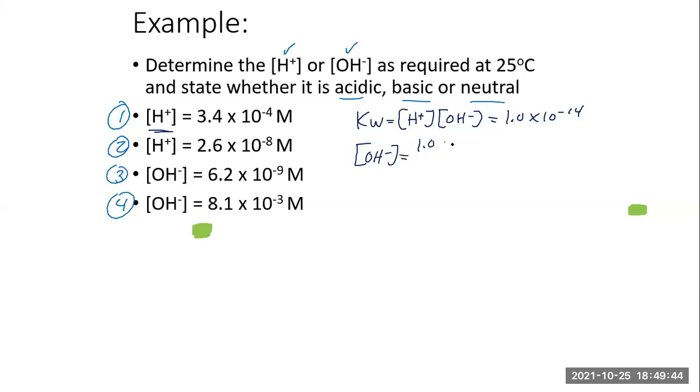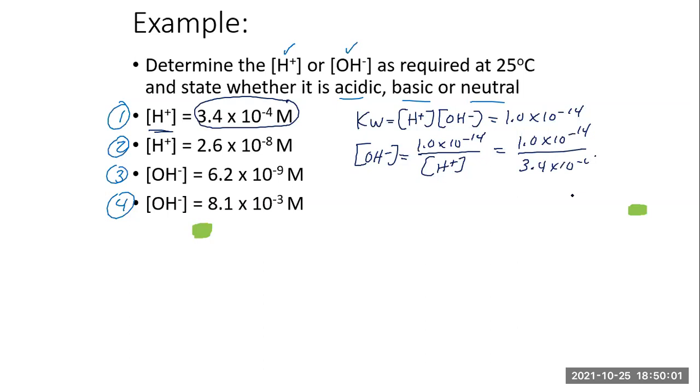You're going to take 1 times 10 to the minus 14 and divide it by the other concentration, which means in this case, we would take 1 times 10 to the minus 14. We would then divide it by our H plus concentration in this case, which is 3.4 times 10 to the minus 4. Now, we do want to make sure that we do punch this in correctly on our calculator.